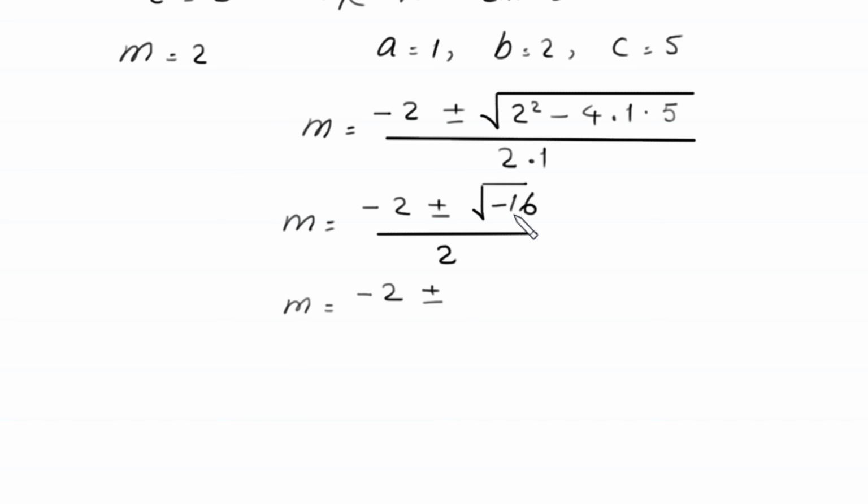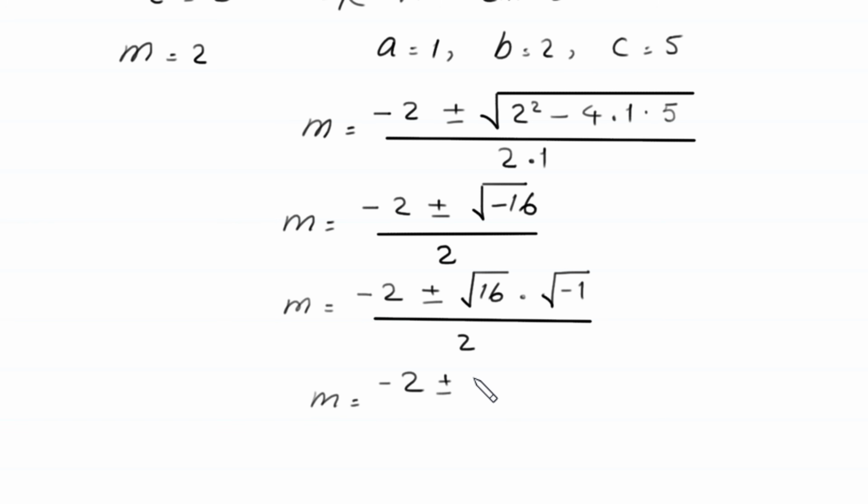This square root of negative 16 can be written as square root of 16 times square root of negative 1 divided by 2, and m is equal to negative 2 plus or minus square root of 16 is 4, and this square root of negative 1 is equal to i.